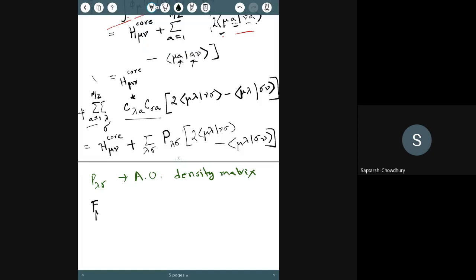F mu nu depends on the atomic orbitals, and it depends upon P. Let me just write it in matrix notation. So F depends on P. These are the matrices.